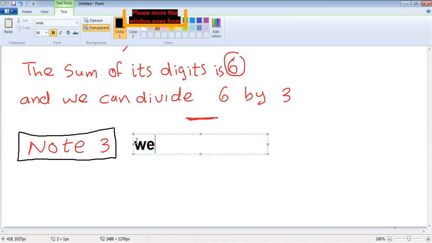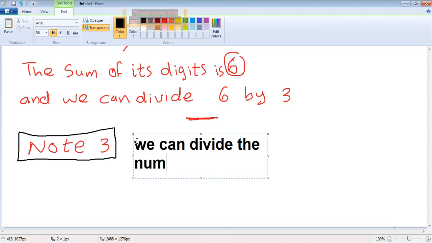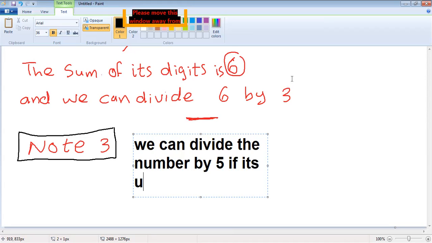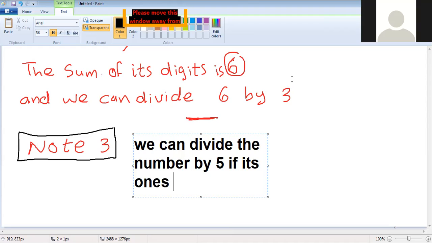We can divide any number by 5 if its ones, the units digit, is 0 or 5.